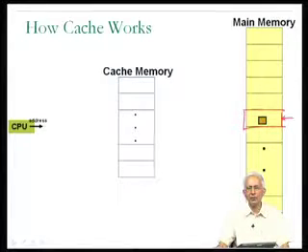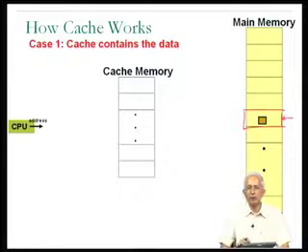So both cache and main memory are organized in terms of blocks, and we'll look at the first possible situation in connection with the CPU generating an address. So the CPU generated an address and sent it into the memory system, and it essentially wants to access this brown piece of data. Let's suppose that this piece of data is currently present in the cache, in this particular cache block.